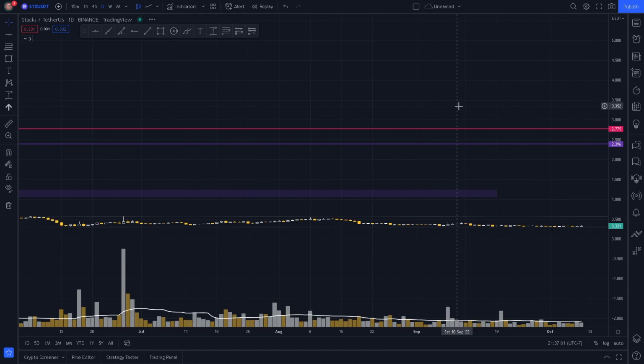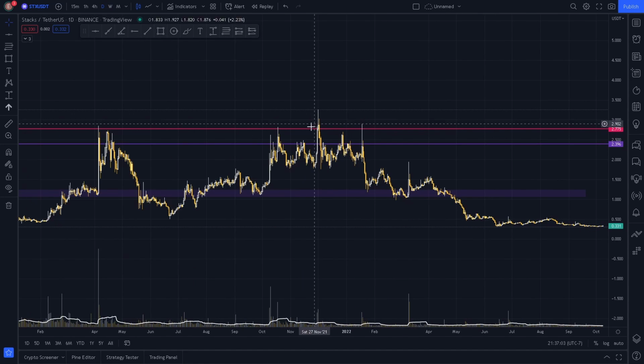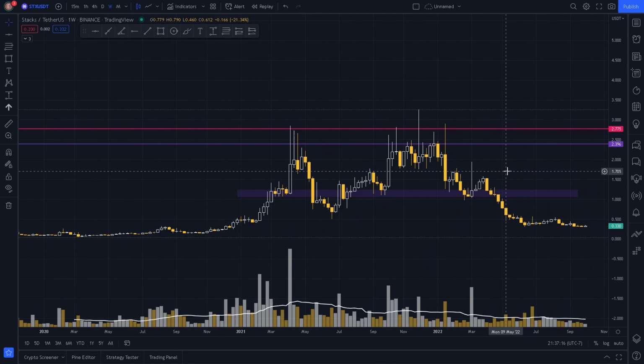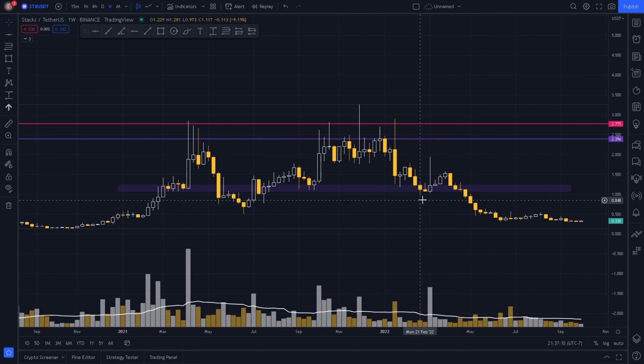If we drop down to the daily, we can see more clearly how fast price reacted once it got to these levels, as supply outweighed demand and carried all the way back down. Let's head back to the weekly. So another key level that we can see is right below it, where price was reacting.